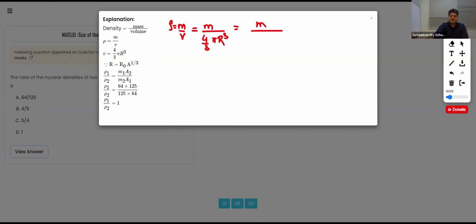So it will be mass upon 4 upon 3 multiplied by pi multiplied by r naught A raised to 1 upon 3 whole cube. So this will be equal to mass upon 4 upon 3 pi into r naught cube multiplied by A.